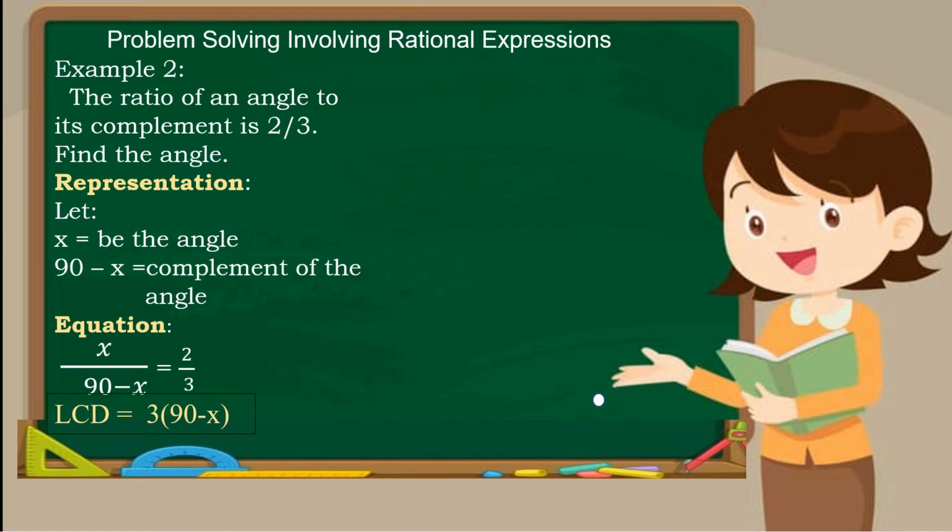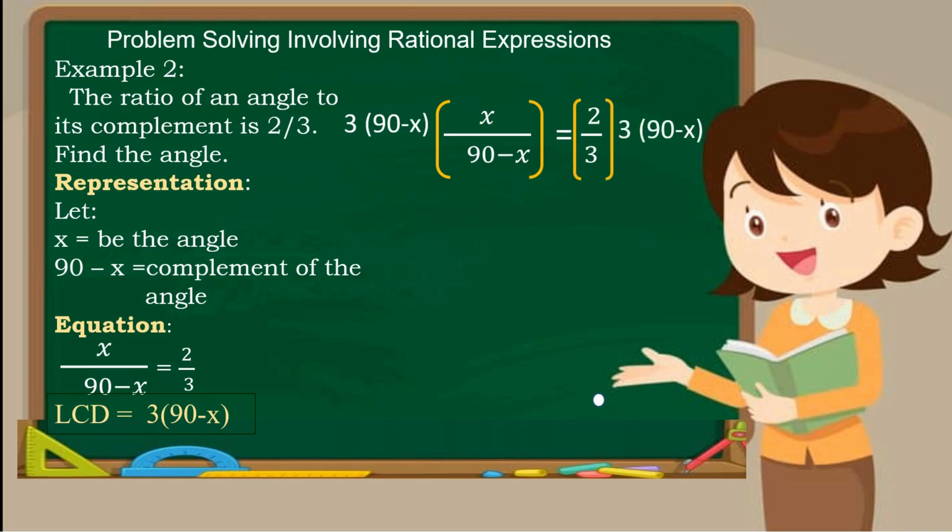So, i-multiply na natin yung LCD sa bawat terms dito sa expressions. Okay? Sulat ulit natin yan. Sa left side of the equation, i-multiply natin yung LCD, that is 3 times quantity 90 minus x. Sa right side ng equation, may 2/3 tayo dito.